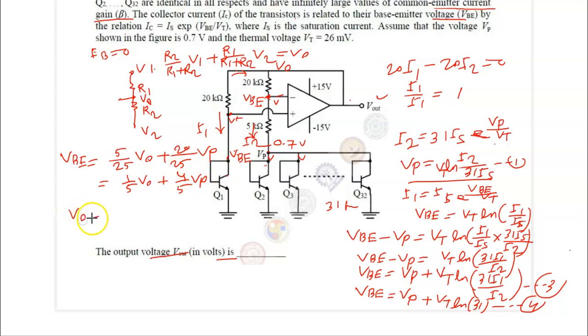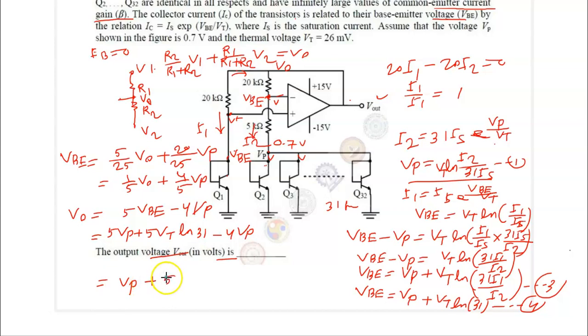So V0 is equal to 5 VBE minus 4 VP, and we have already calculated the value of VBE. So 5 VP plus 5 VT ln 31 minus 4 VP. So you have VP, so your V0 is equal to VP plus 5 VT ln 31.